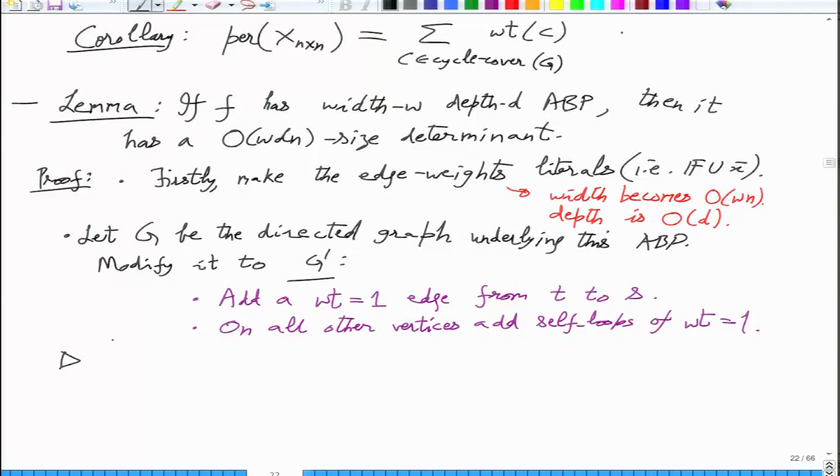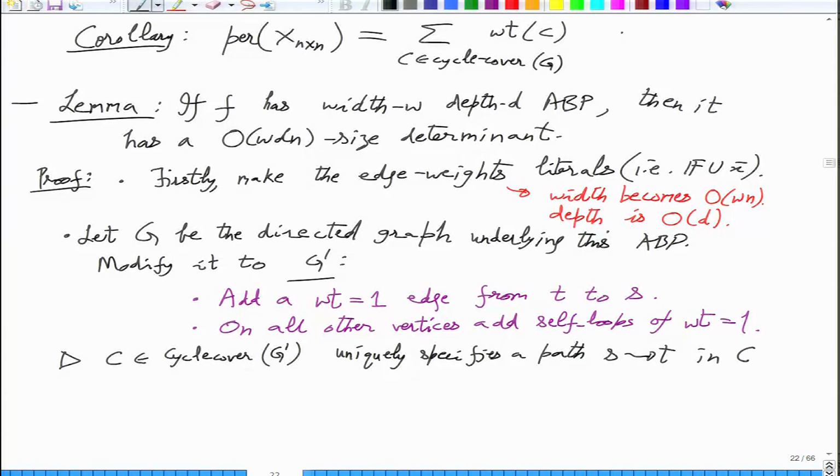But as soon as you use the reverse edge, it means that some path from S to T is being utilized. So every cycle cover in G prime corresponds to a path in G and conversely. So it's a bijection. A cycle cover C in G prime uniquely specifies a path S to T in G.